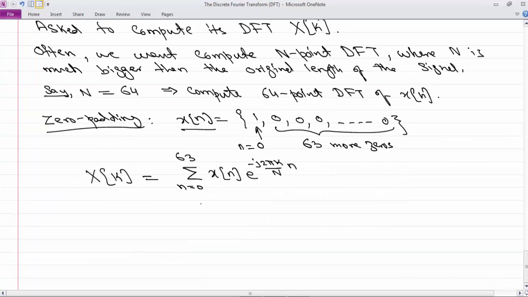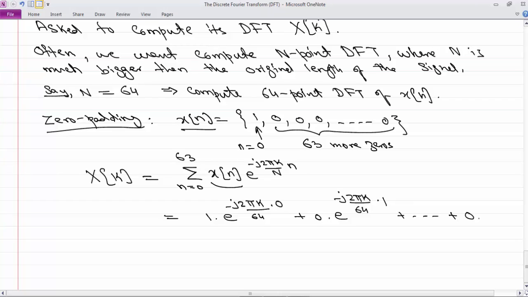Now I plug in the values of x[n]. Of course, all x[n]'s are 0 except n equal to 0. So I will get 1 times e to the minus j 2 pi k over 64 times 0, plus 0 times e to the minus j 2 pi k over 64 times 1, plus everything else will be 0, up to e to the minus j 2 pi k over 64 times 63.